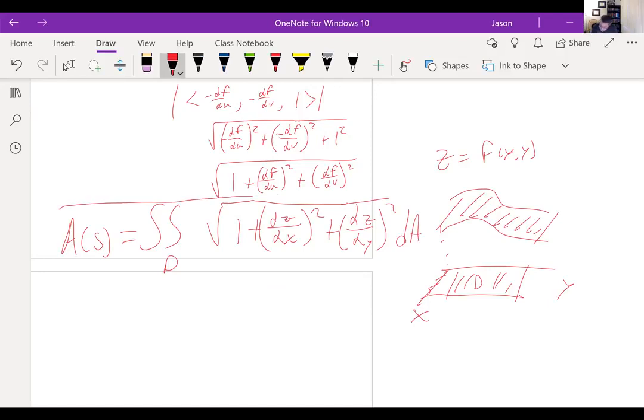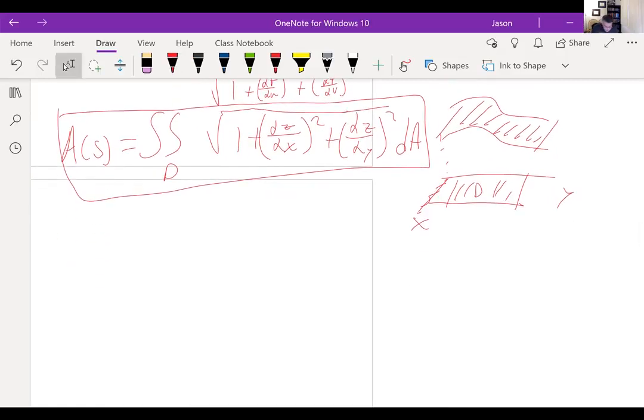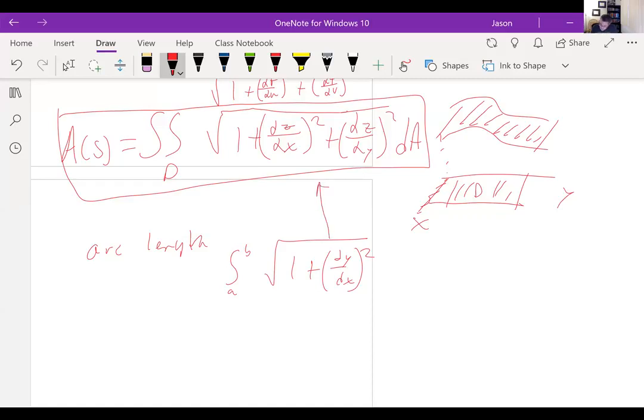Which is extremely analogous to what we did for arc length. What was our arc length formula? Our arc length formula was the integral from a to b of the square root of 1 plus dy dx squared. Look at that, don't those look fairly similar?